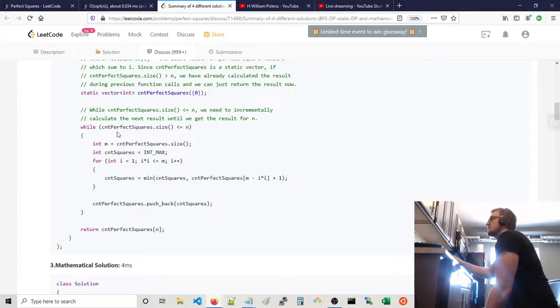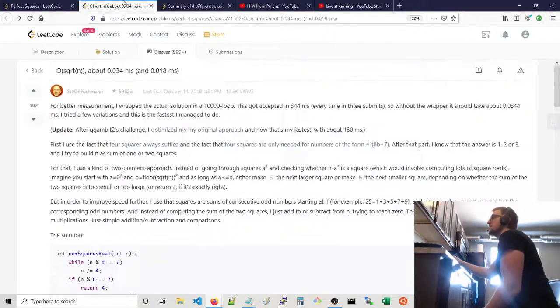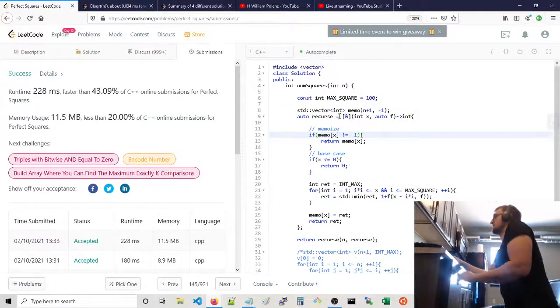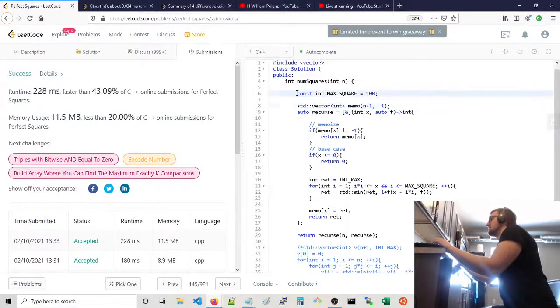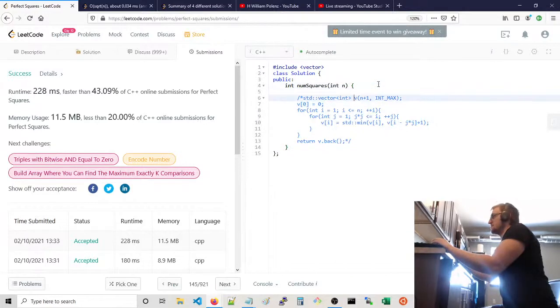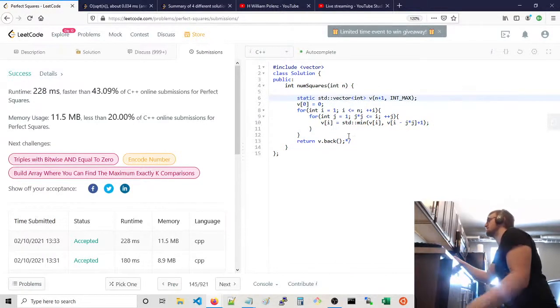So basically you can modify your function to use a static vector, which should speed things up even more.